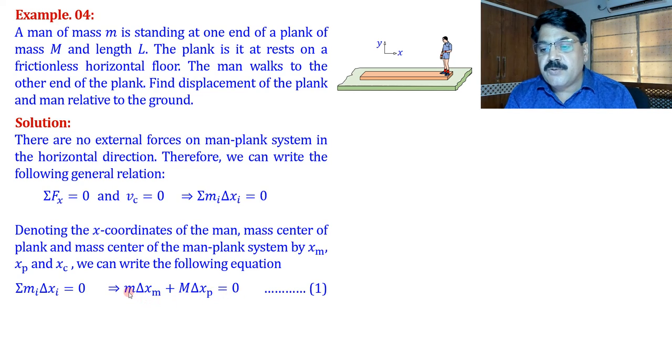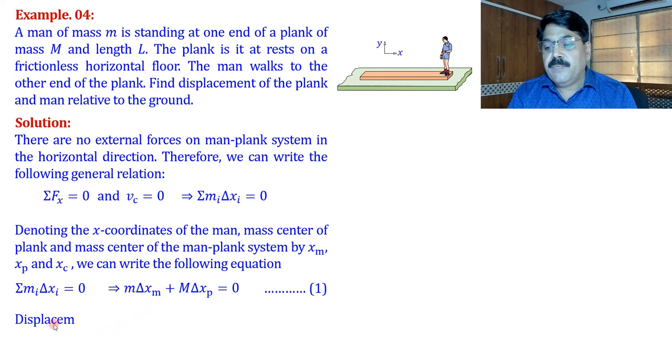Here m is the mass of the man and delta xm is the displacement of the man. Capital M is the mass of the plank and delta xp is the displacement of the mass center of the plank, meaning the displacement of the plank. Their sum must be 0 according to this equation. Now we have to substitute values only, but none of these values is given directly. What we know is that the displacement of the man with respect to the plank is L towards the left.